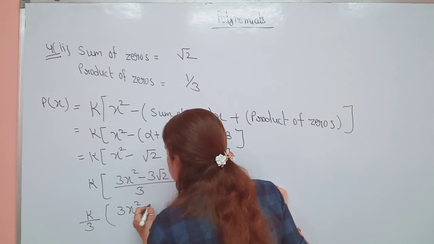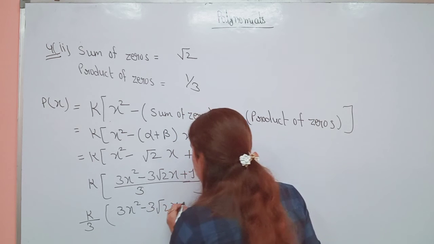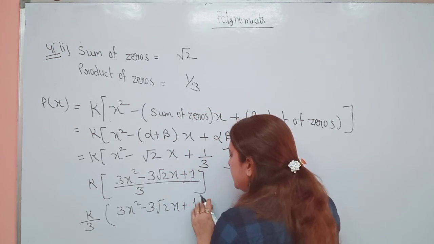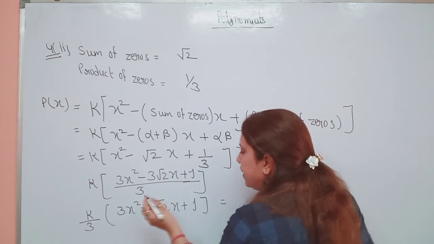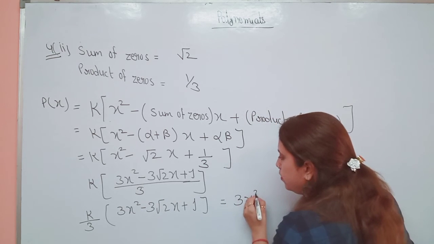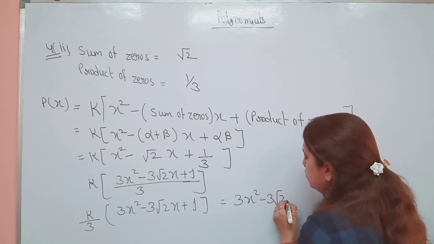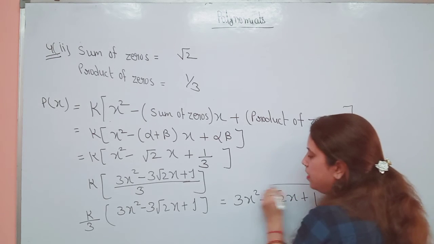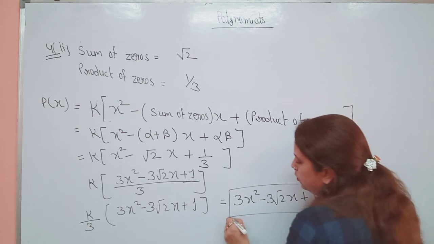In the last we can leave the constant, and the final answer is 3x square minus 3 root 2x plus 1. This is our quadratic polynomial.